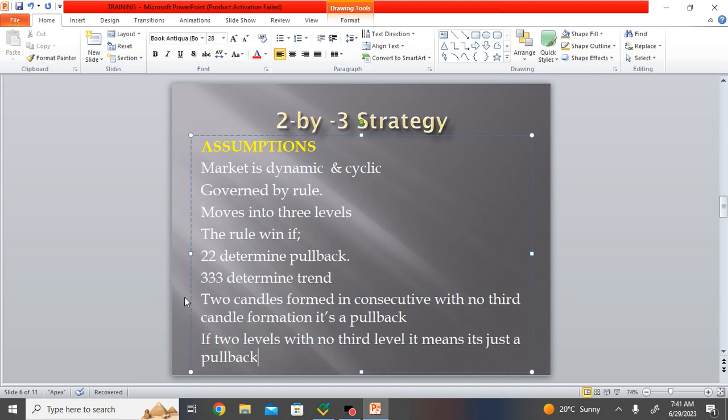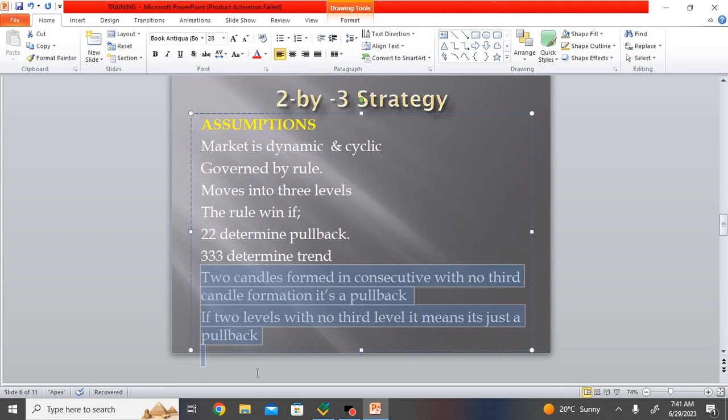So make sure that you understand these things. These two things stand for 22. If it's two candles, that means it's a pullback. If it's two levels, that means it's a pullback.